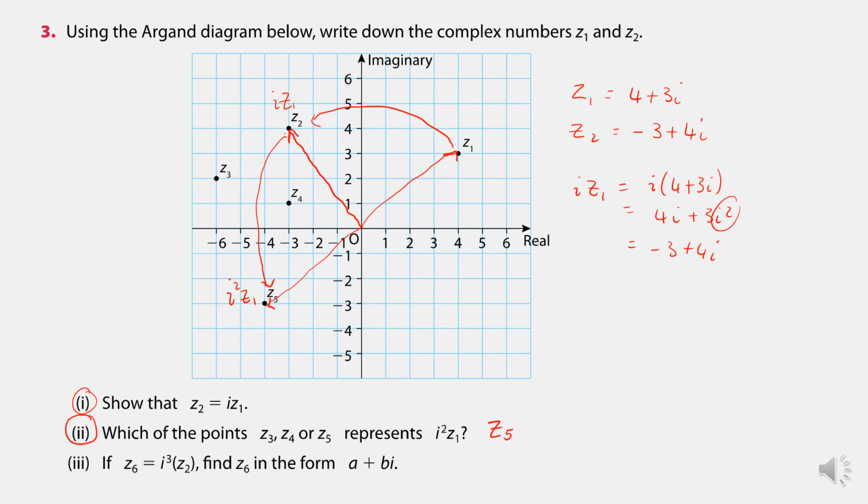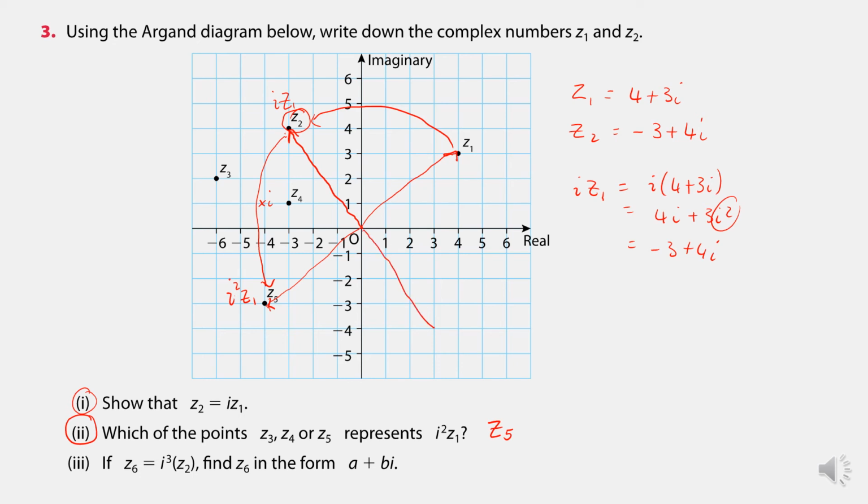Now if z6 was i cubed z2, find z6 in the form a plus bi. So let's start with z2 and multiply by i cubed. Multiply by i once, we go 90 degrees to z5. Multiply by a second i, we'll end up down here, I think.